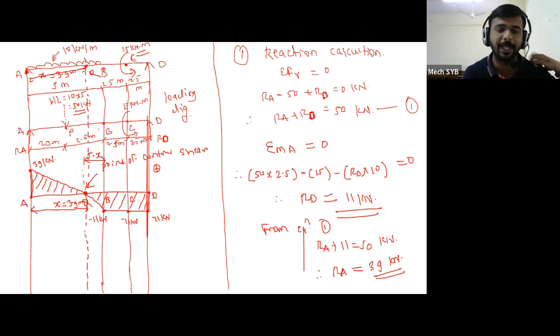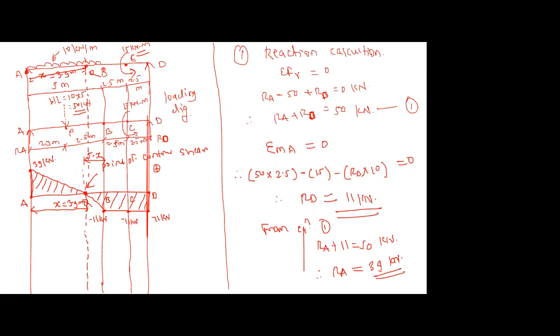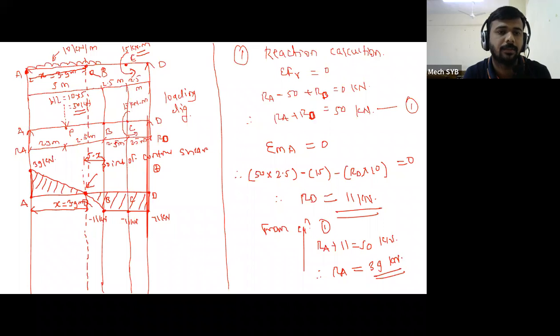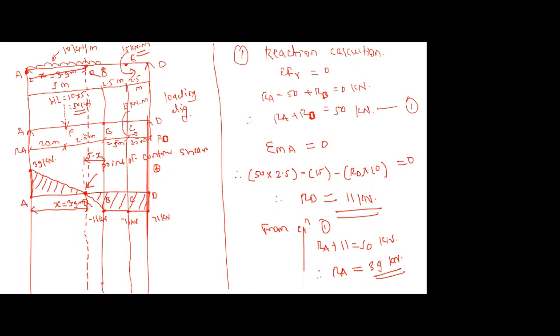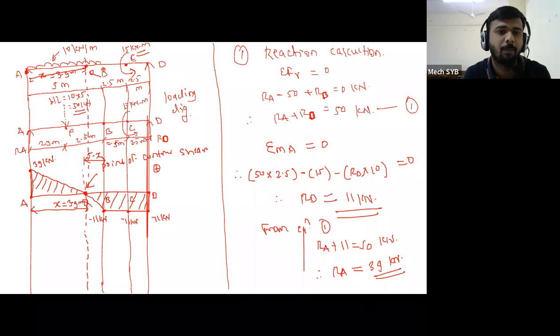BM at point B, how many forces are present to the left side of point B? 2. Which are? Reaction and point load. The point load is actually the UDL. To the left side of point B there is a 5 meter UDL and a reaction, but that UDL we have converted into a point load.